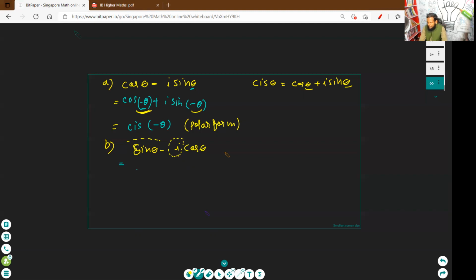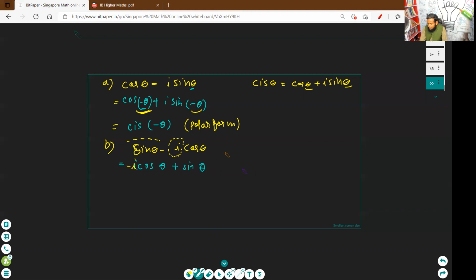So cos first, also write iota, minus iota sin theta, iota cos theta plus sin theta. Now see here, we don't need iota here. You should take minus iota common.